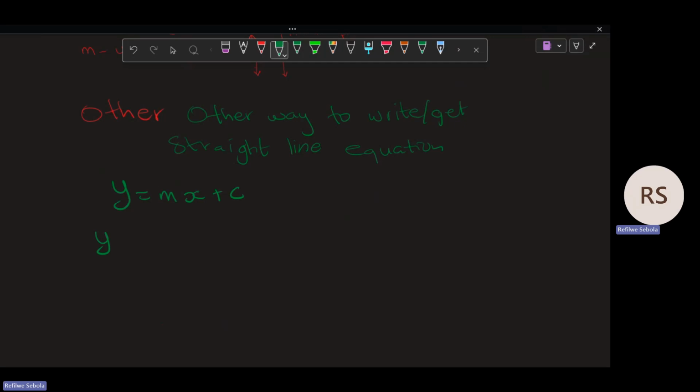We can write it in this form if we know that the equation is passing through one point.